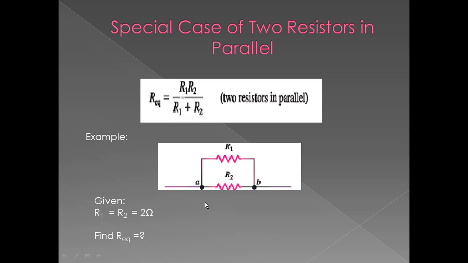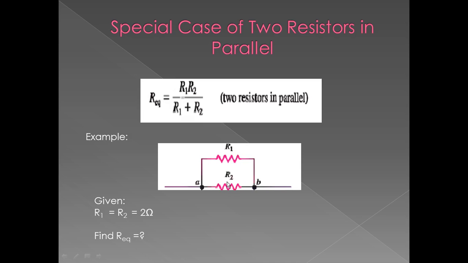Also, if you're going to connect another resistor, for example, R sub 3 here, and we connect it directly to point B and to point A, then we say that R sub 3 is also connected in parallel with respect to R1 and R2.